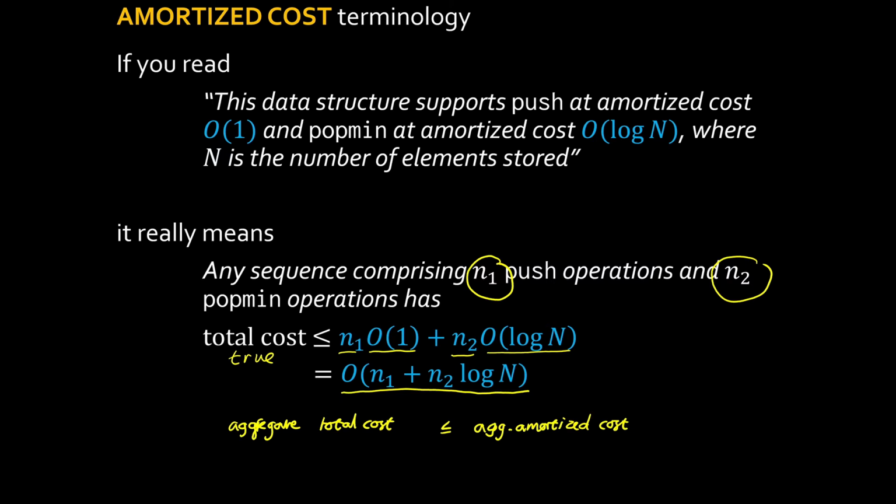Just one little note about the big O notation on this slide. I've said amortized analysis should apply to any sequence of operations no matter how long. So I want this equation to hold if n1 is small, if n2 is small; if n1 is large, if n2 is small, it has to hold, and so on. So what do I mean when I have big O in this equation?